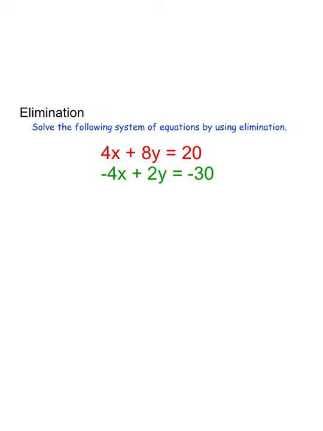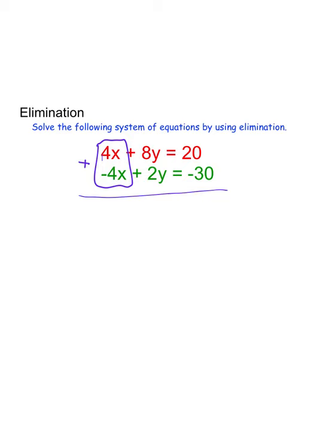So here we go. When we look at this elimination example, what you can see is here's our key. The 4 and the negative 4 already offset. So what we are going to do, and this is where elimination comes into play, the reason we want them to offset, which I didn't reference last slide, is we're going to basically add these two equations up. And when you add the two equations up, we're just trying to line up the x's, line up the y's, and line up the regular numerical value.